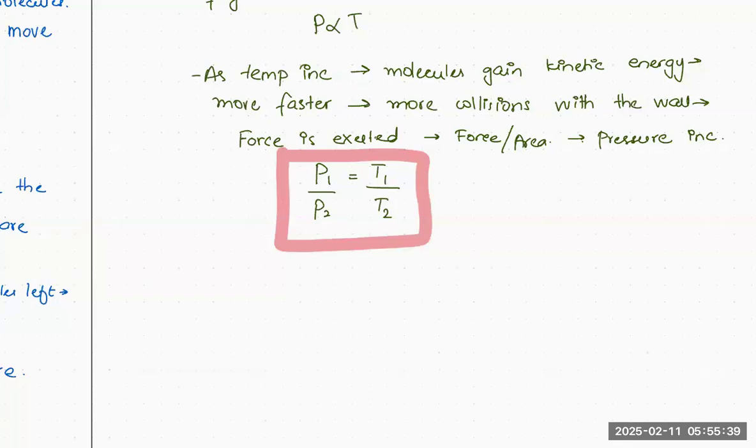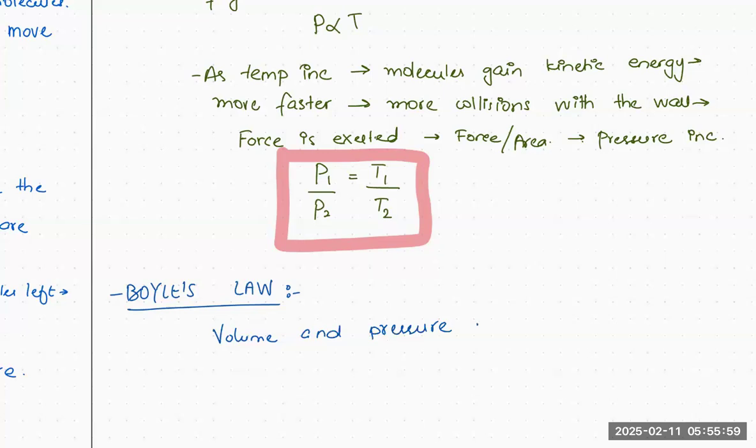Boyle's law states that volume and pressure are inversely proportional to each other, provided the temperature remains constant.